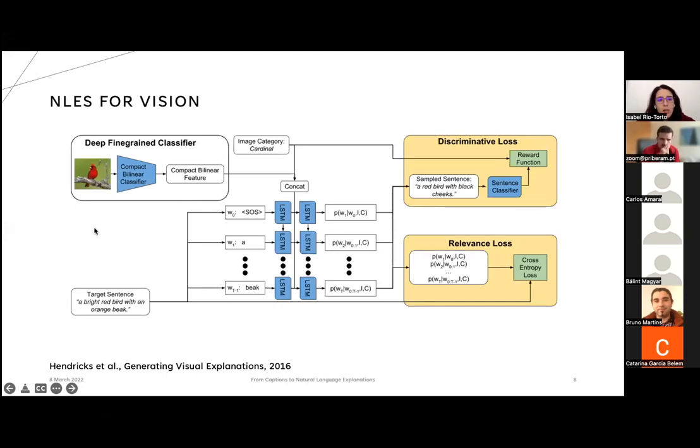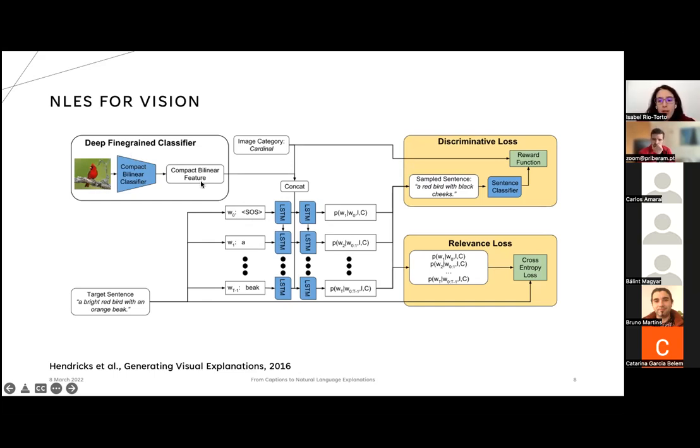And here the target sentence would be an image caption, not a natural language explanation. This architecture distinguishes itself from the image captioning paradigms of the time, where you just had an image, a feature extraction network, a CNN for example, and then an LSTM or other language model that would extract the text from the image. Here we have a recurrent explanation generator that is conditioned on the class, and this is done to ensure the class relevance that I was talking about earlier.